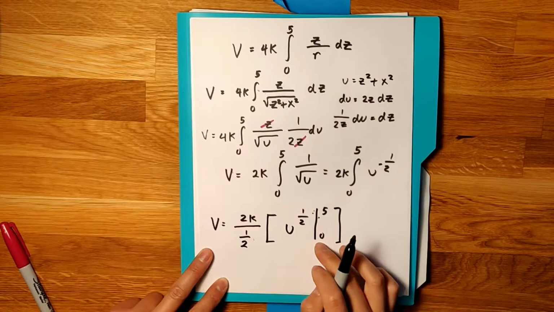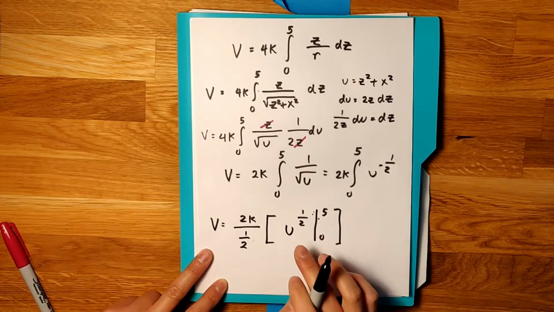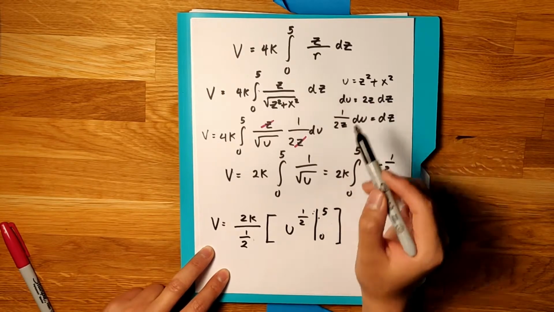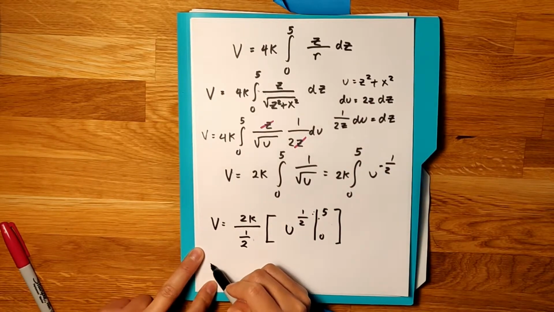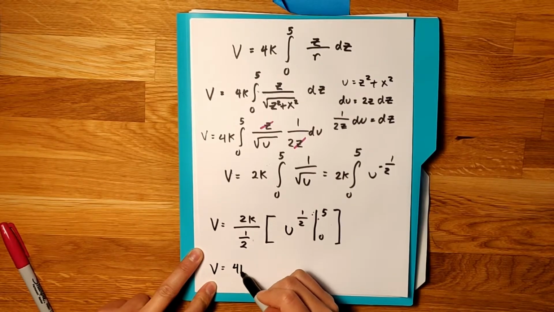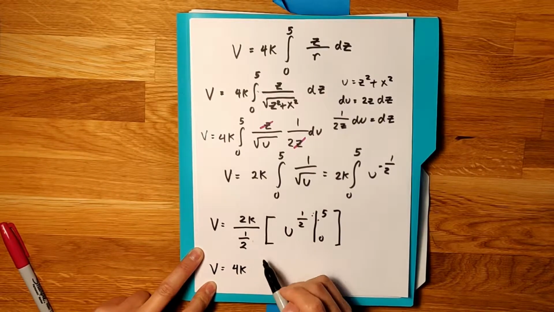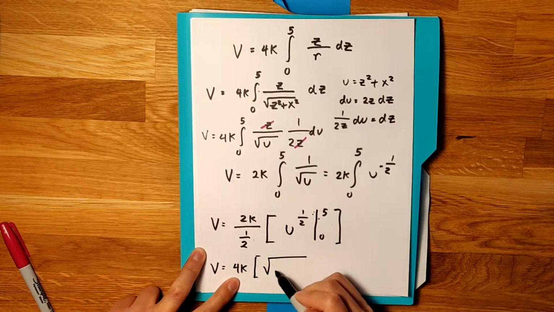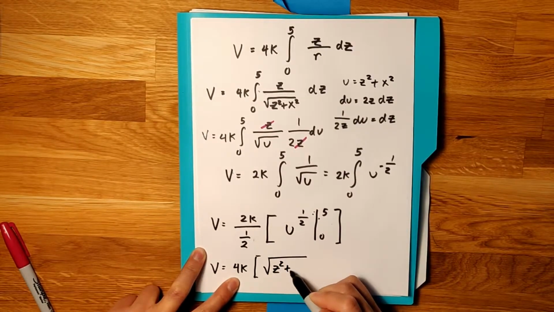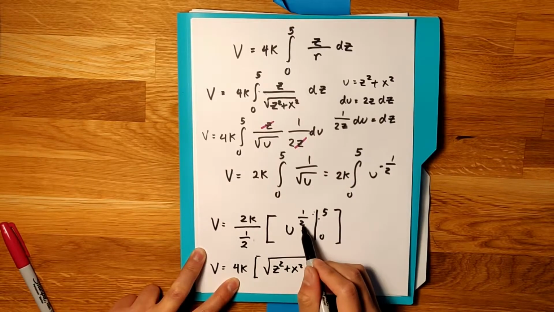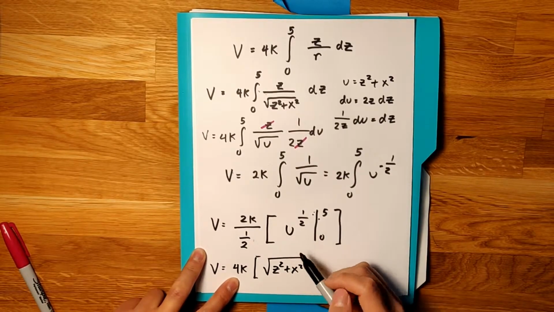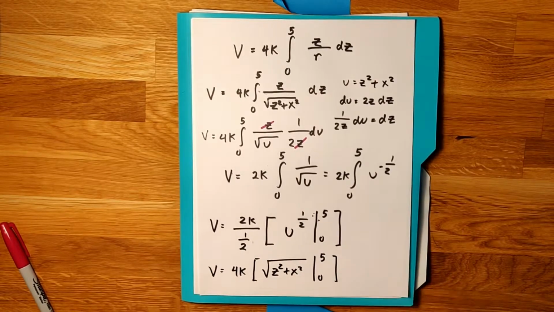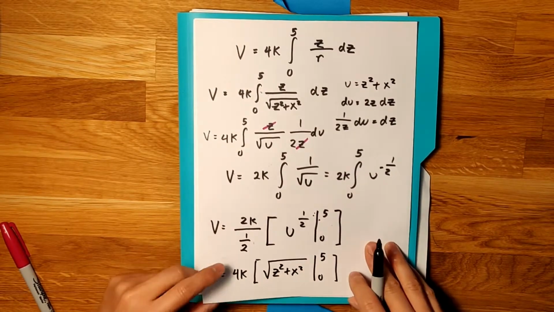But we can't simply just plug in 0 to 5. We have to plug u back in, which is z squared plus x squared. So V is now equal to 4k after we divide by 1/2. So it will be the square root of z squared plus x squared, because the power of 1/2 is simply the square root, from 0 to 5. And we simply now plug in our numbers.